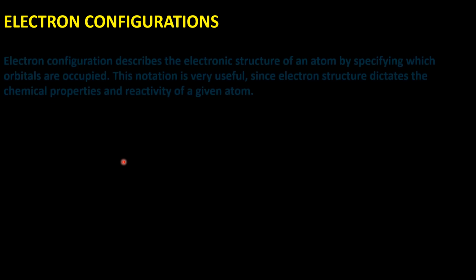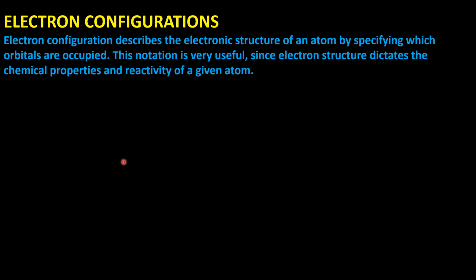So now we are going towards the electronic configurations, that is how we can fill the electrons in the different orbitals on the basis of their energy levels. The electronic configuration describes the electronic structure of an atom by specifying which orbitals are occupied. These notations are very useful since the electron structure dictates the chemical properties and reactivity of given atoms.